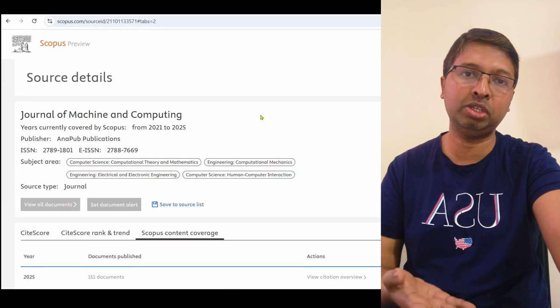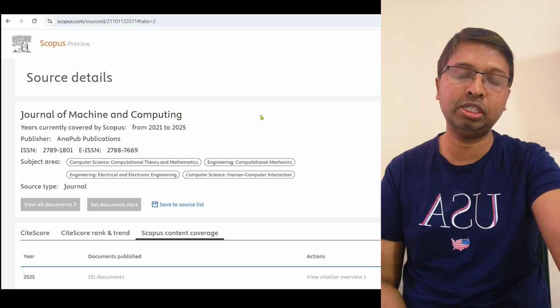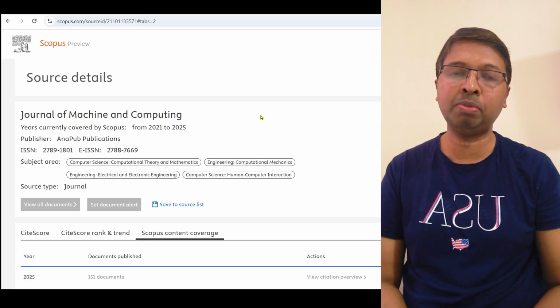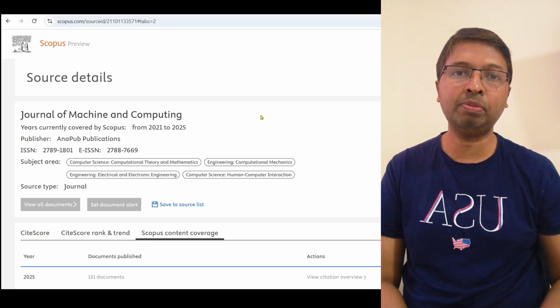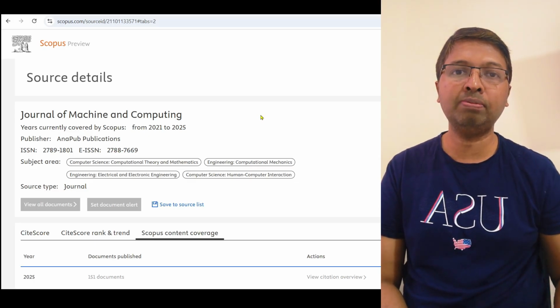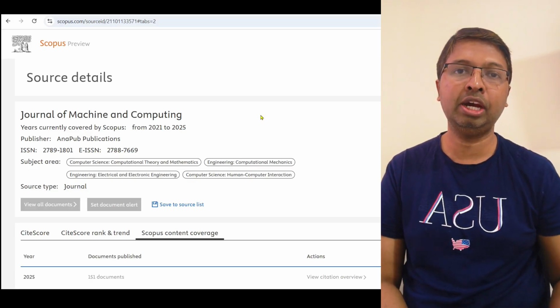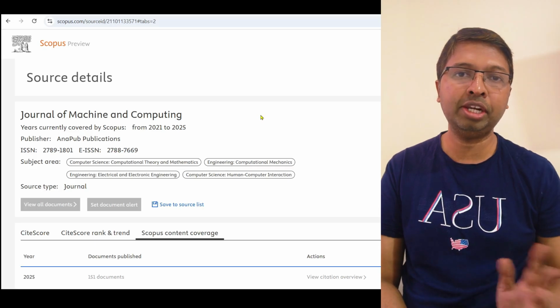About how long will this journal remain in the Scopus database? Again, it lies in your hands. As I told you, author selling positions are going on with regards to this particular journal. If you believe that they are not properly following publication ethics or guidelines, you can report them with relevant proofs to the Scopus Elsevier support team. If more complaints arise against this journal, then they will take very stringent action, and you need not worry.